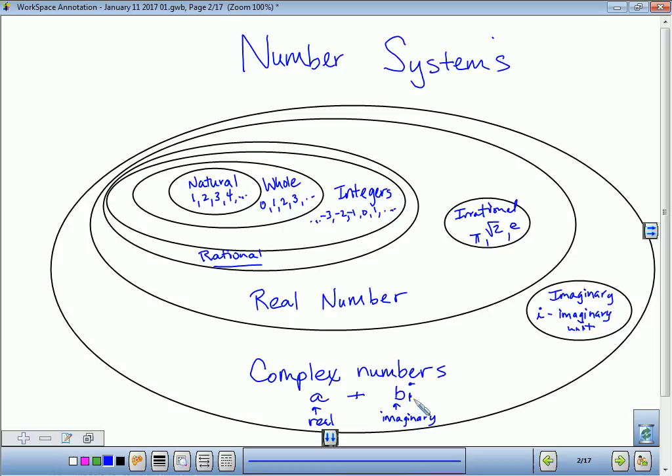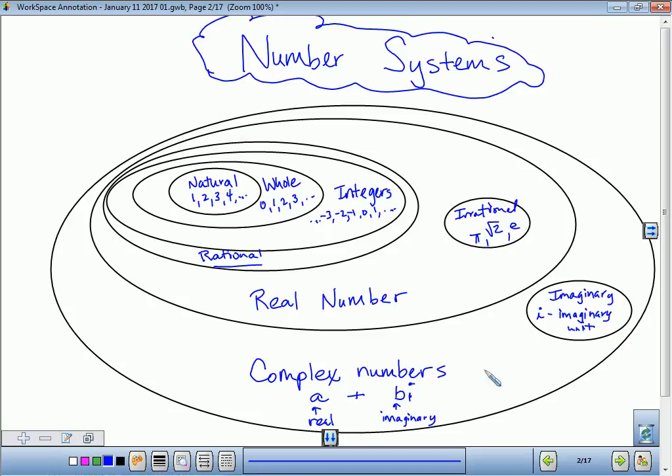Like we could have 1i, 2i, 3i, negative 6i, square root of 2 i. So this is the totality of the number systems. Everything we learn fits in this big bubble.